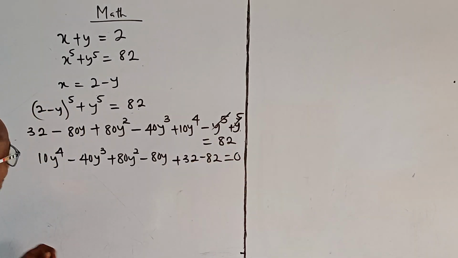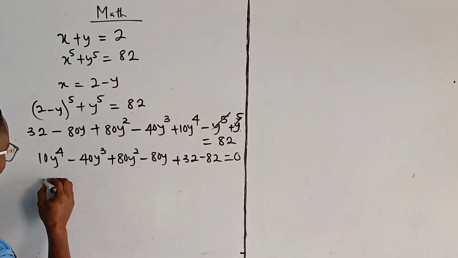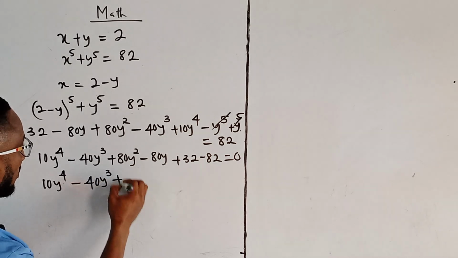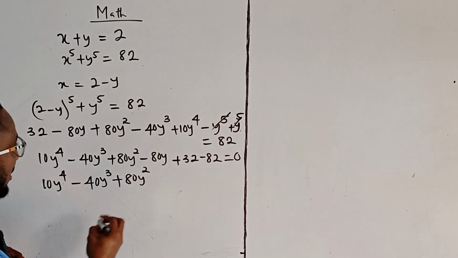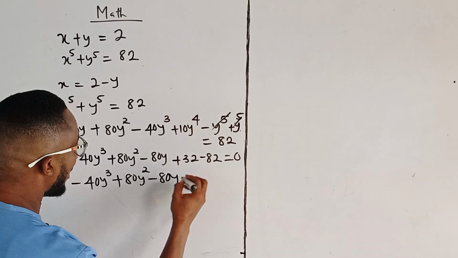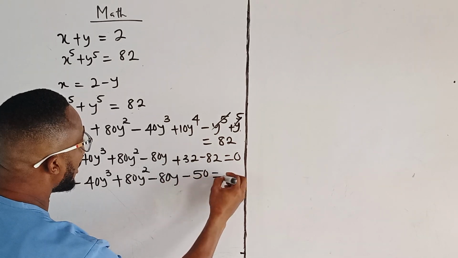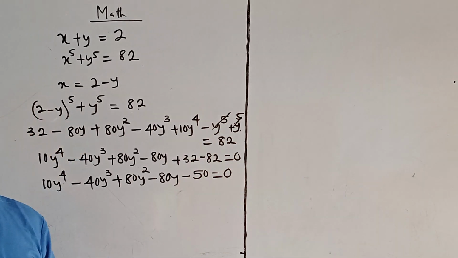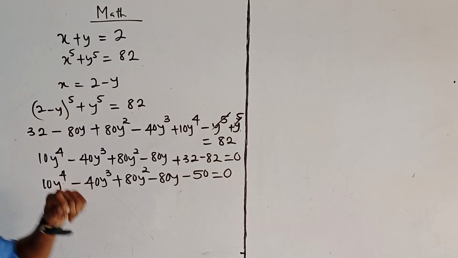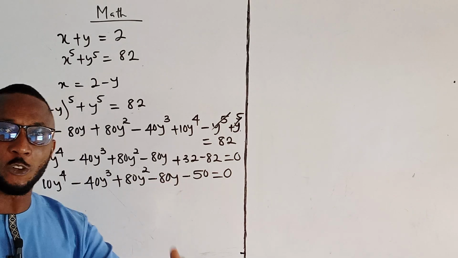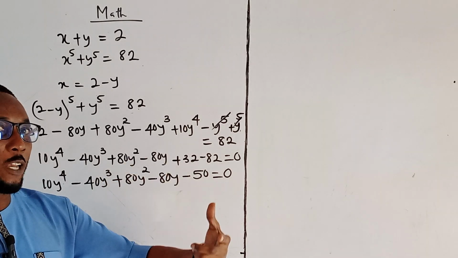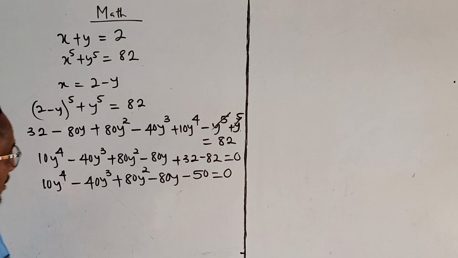If I clean this up, I have 10y to the fourth minus 40y cubed plus 80y squared minus 80y minus 50 equals 0. It's actually a quartic polynomial. I did this so that I would know that this Diophantine system is a quartic polynomial, which has 4 values for x and 4 values for y.